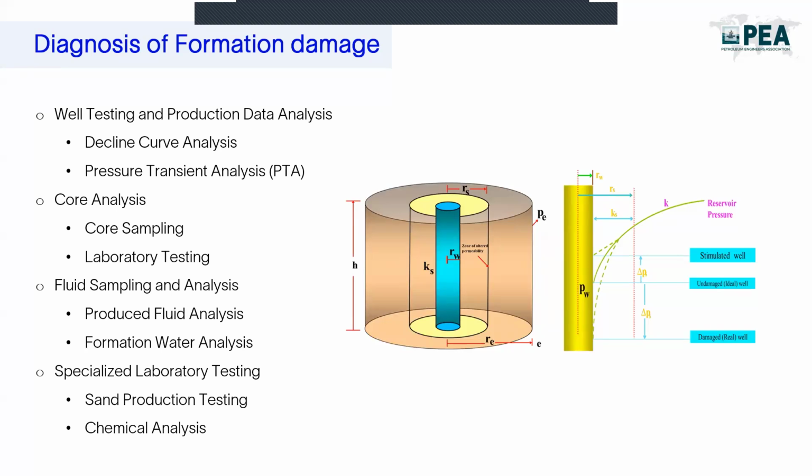Formation damage typically reduces the productivity index, which can be observed through the PTA. A decline in productivity index over time, especially when compared to the initial conditions, is a strong indicator of progressive formation damage. So these are our first tools, analyzing the well test and the production data that we have to identify whether we have formation damage or not.